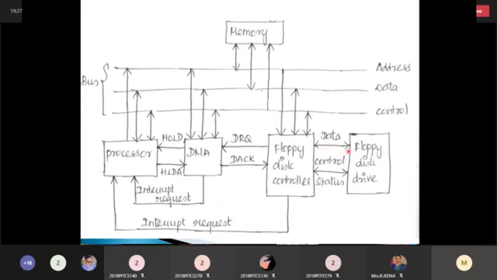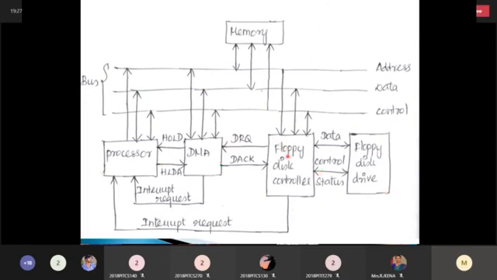Only this is bidirectional, and again the control and status are also bidirectional. Here we have the address bus, data bus, and the control bus. Each of these three is connected to all the devices.